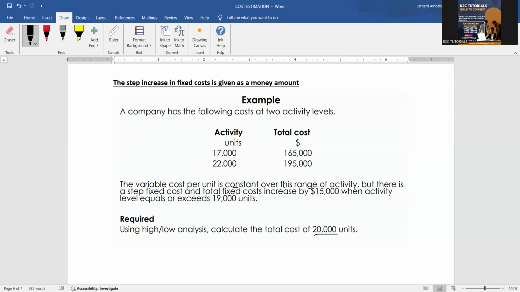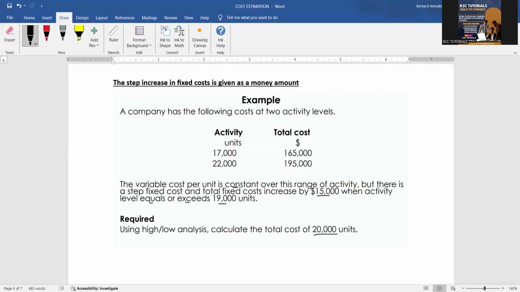over this range of activity, but there is a step fixed cost and total fixed cost increases by $15,000 whenever activity level equals or exceeds 19,000.